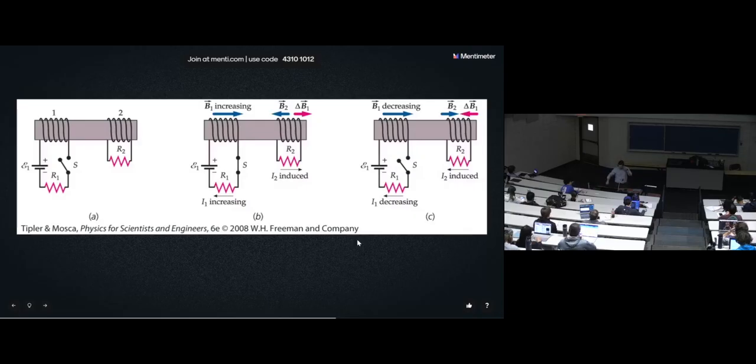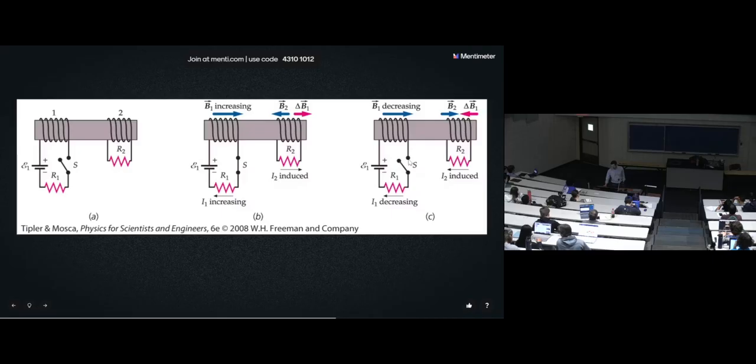So another way to think about this is I've got an iron rod to act as a conduit for the magnetic field, and I turn on the switch here, allowing current to flow through this first solenoid here, in which case B would start increasing to the right, which is going to create a magnetic field in the second solenoid to the left.